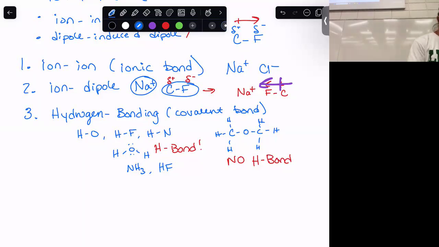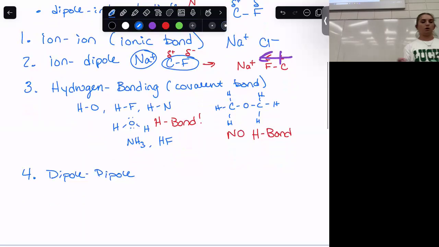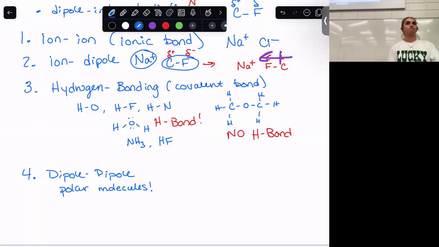Alrighty. What's our next strongest intermolecular force? Dipole-dipole. What's our requirements for a dipole-dipole interaction? Yep, we need polar molecules. What does it mean for something to be polar?